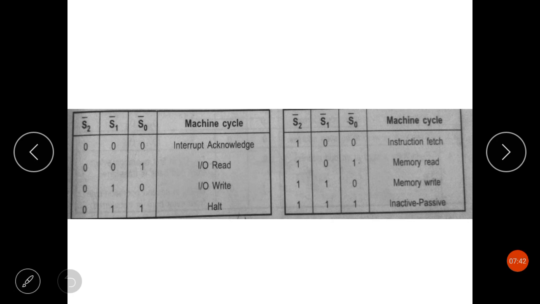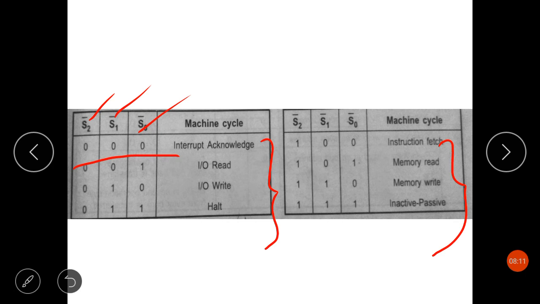If S0 bar, S1 bar and S2 bar are all 0, it means the interrupt acknowledge machine cycle is taking place. In short, the status of S0 bar, S1 bar and S2 bar will tell you what type of bus cycle is taking place. The current bus cycle is of what type?